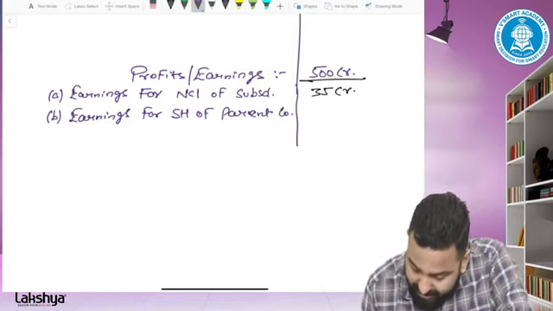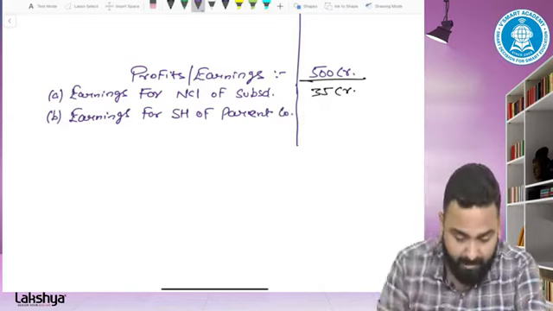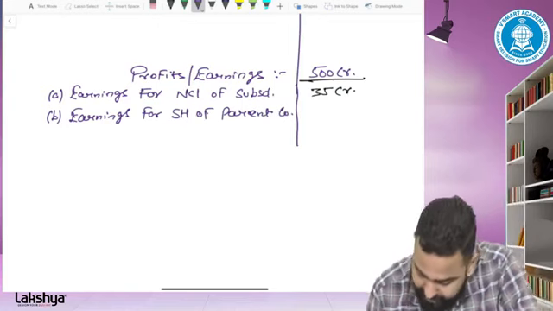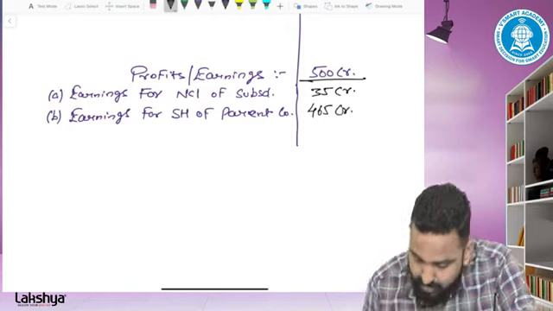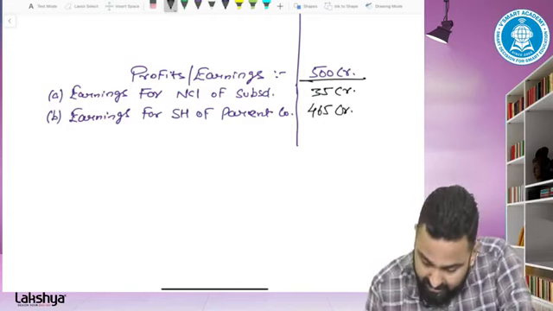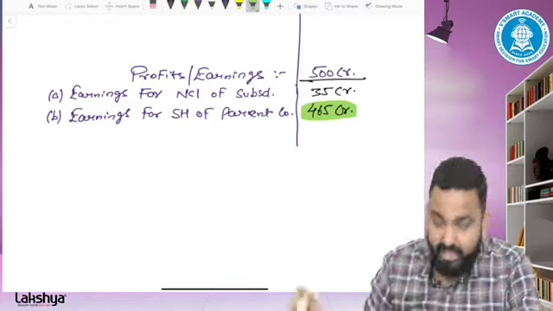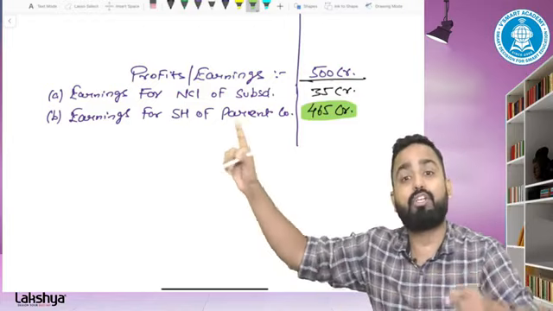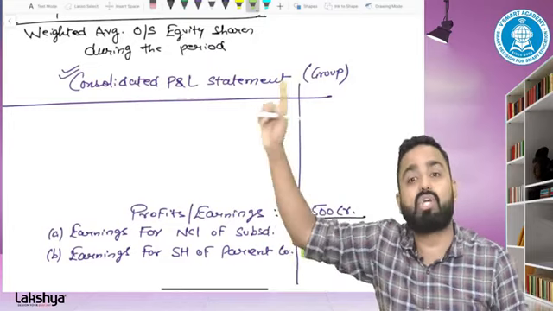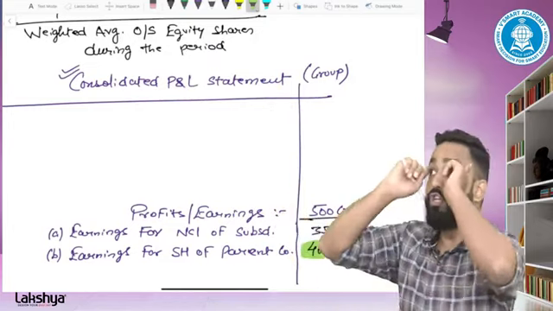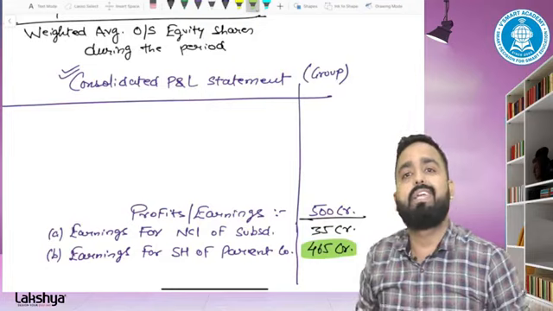So when we deduct 35 from 500, 500 minus 35, we get 465 crores. So what is this? 465 crore is the earning available for shareholders of parent company. Technically, we prepare the consolidated financial statement for shareholders of the parent company only.